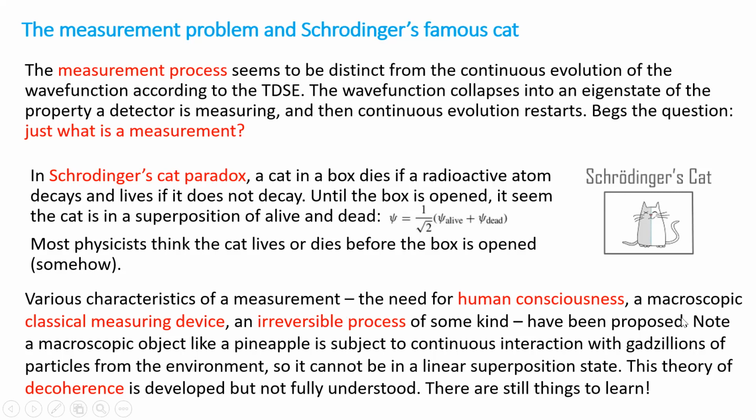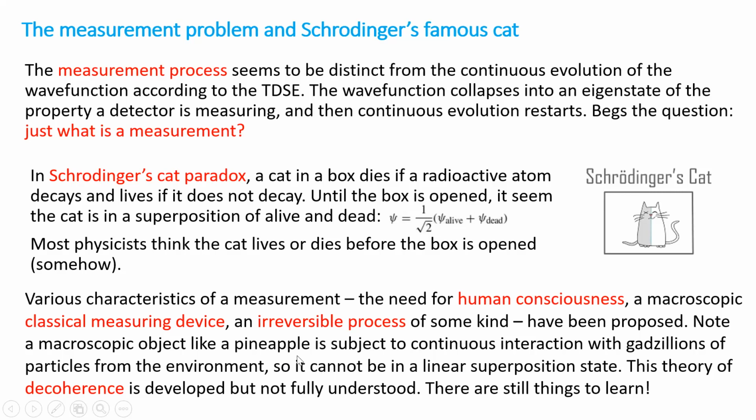Note that a macroscopic object like a cat or a pineapple or a baseball or whatever your favorite object is at the moment is subject to continuous interaction with just gazillions of particles from the environment, atoms and molecules banging into it all the time. And those atoms and molecules interact with it and prevent the coherence of the types of states like this linear superposition of alive and dead.